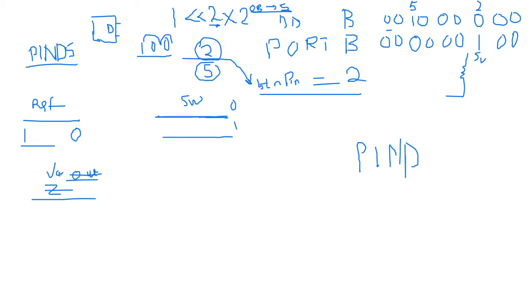What we want to find out is we want to make use of the button pin. So we want to access the button pin. So we have PIND, and we want something that can help us make use of the button pin in PIND. That's all we want. We want to find a way to get access to the button pin.